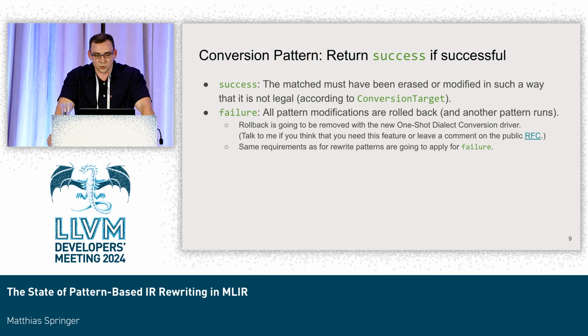Here the rule is you return success if the pattern was successful, meaning it was either erased or it was converted to an operation modified in place so that it became legal. You're actually allowed to return failure, and the dialect conversion will automatically roll back all changes. So it's a bit more lenient, but for this last point, that's actually something I'm trying to remove to improve the efficiency of the driver. I'm going to talk about this a little bit later.